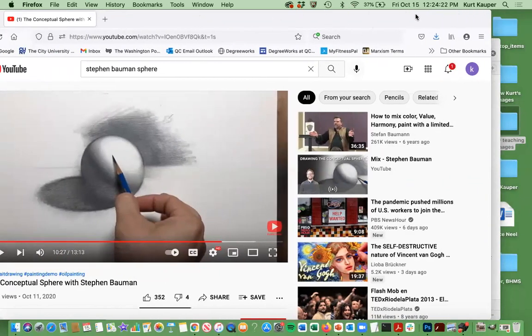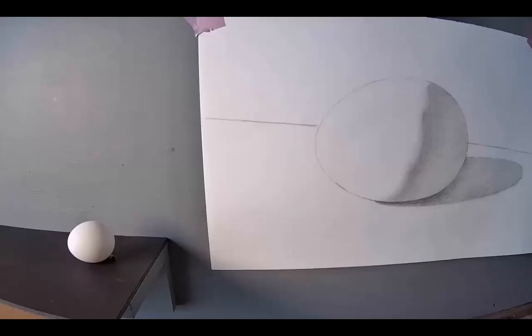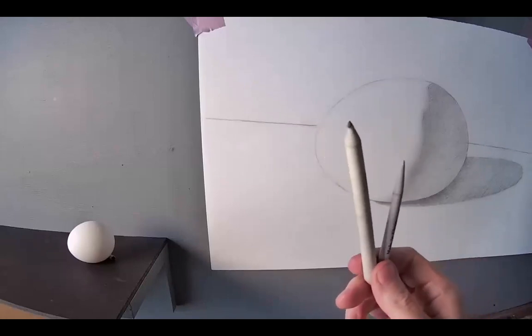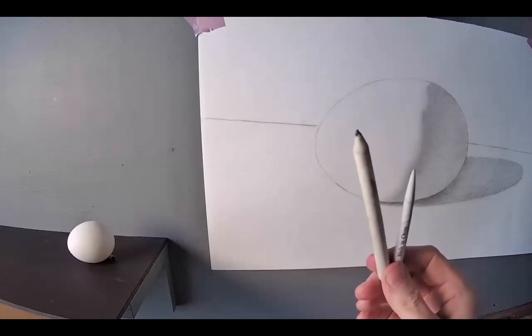But so, having said that, let's go back to our drawing. So if people want, you can take something like one of these. These are blending stumps.